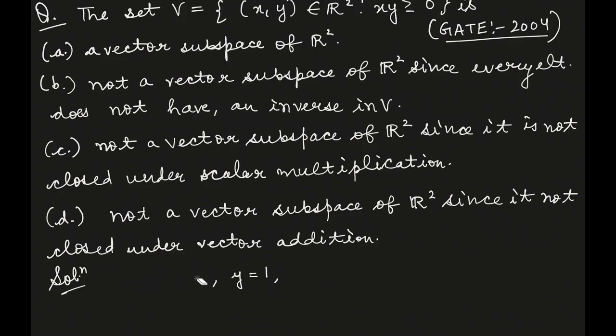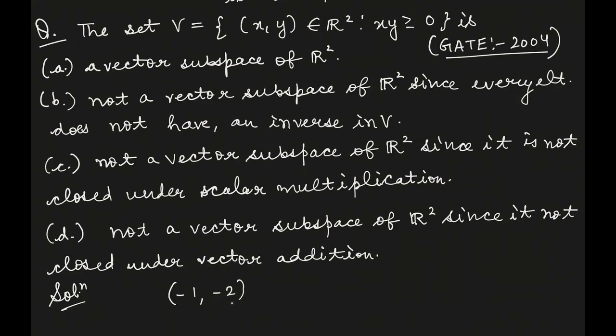Or if I simply take this element minus 1 comma minus 2, then minus 1 into minus 2 is 2, which is greater than 0. This condition is satisfied.